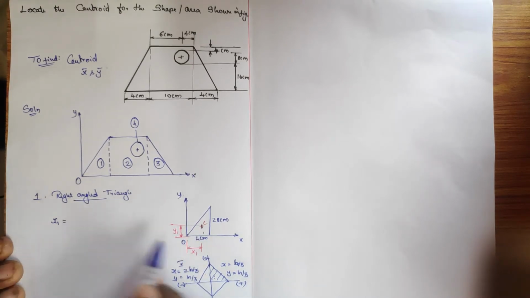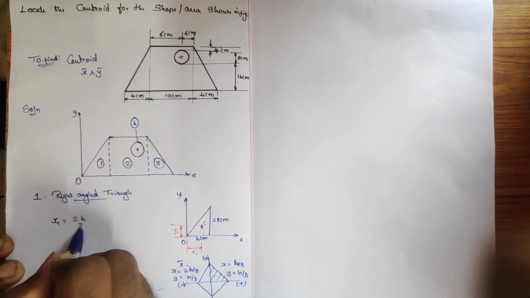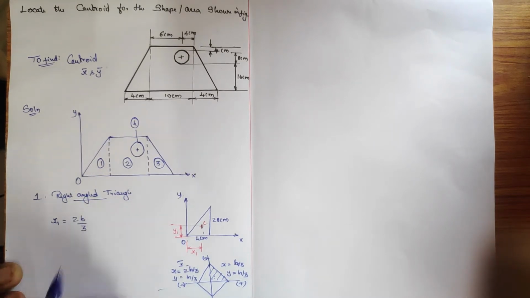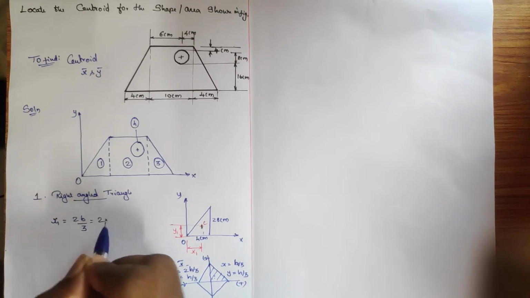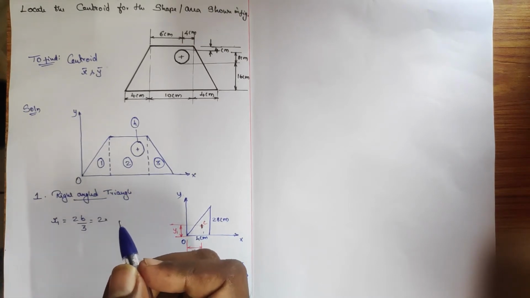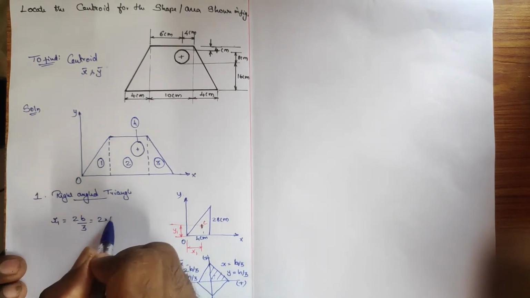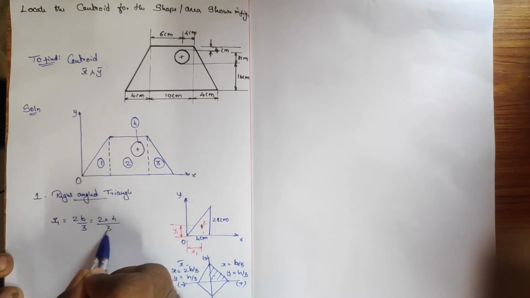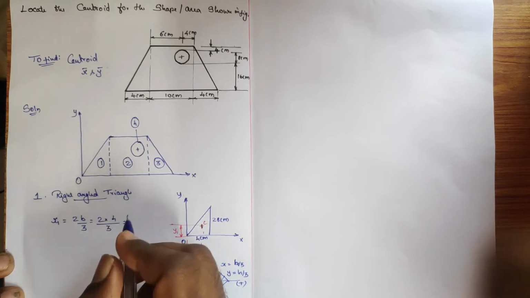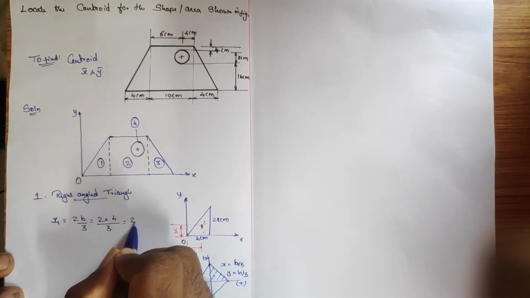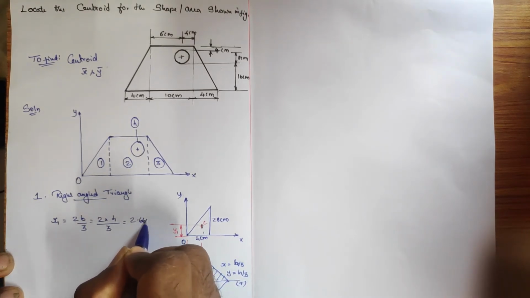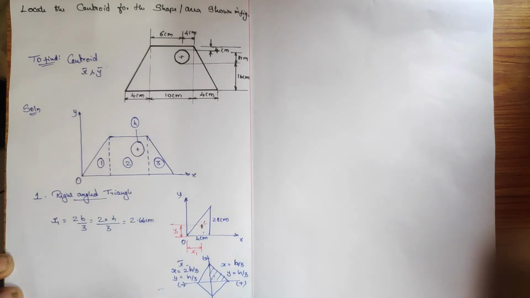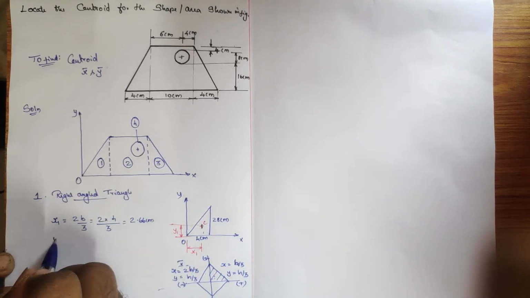So in order to specify x1, the formula will be 2b divided by 3. So it becomes 2 into b, b is 4 centimeter, divided by 3, so you will get 2.66 centimeter as x1.